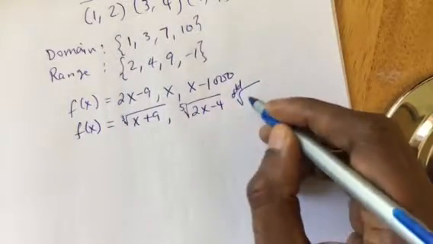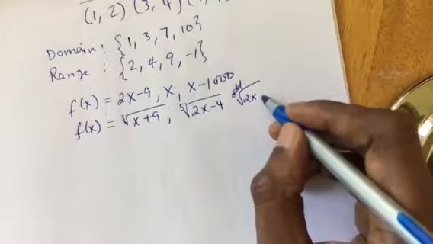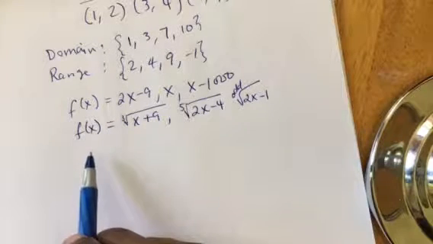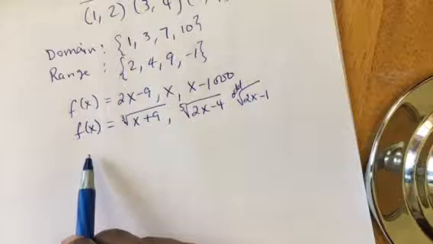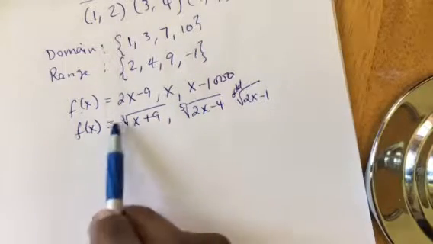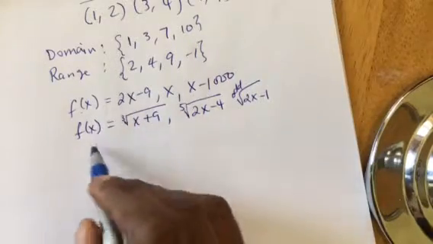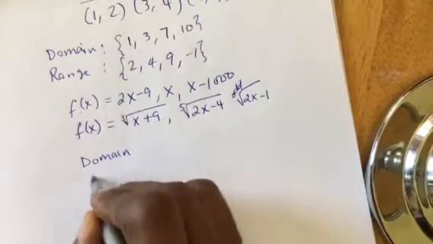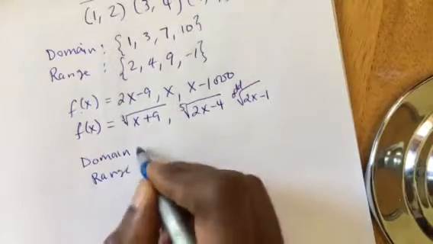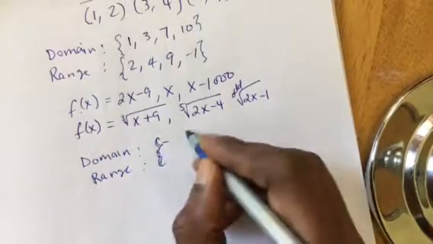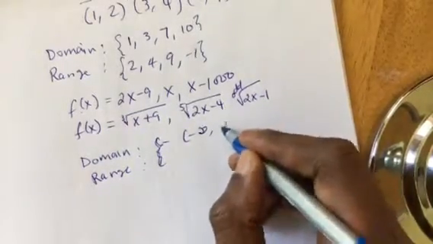So for these two options, if it's a linear function, or if you have an index that's odd, the domain and the range will always be from -infinity to +infinity.